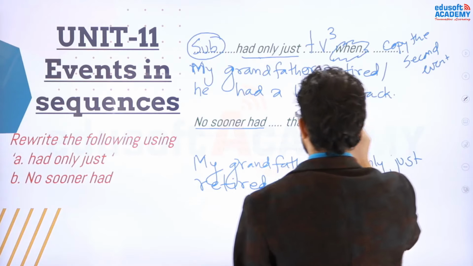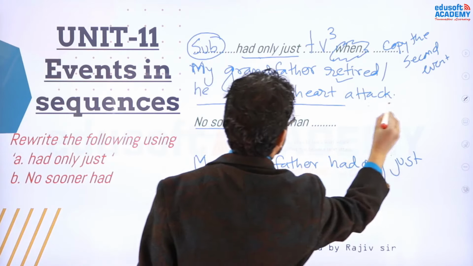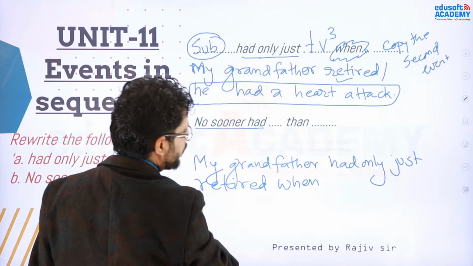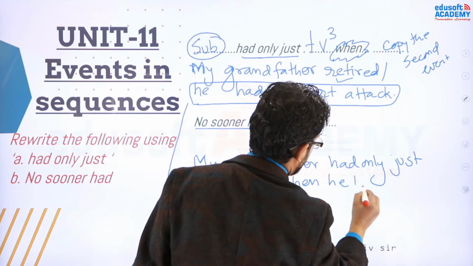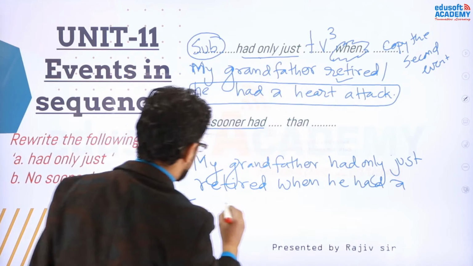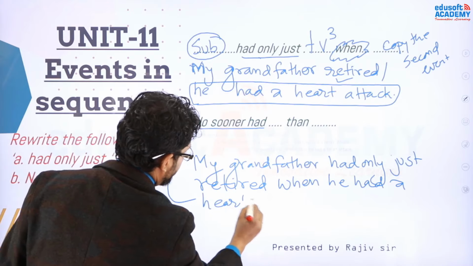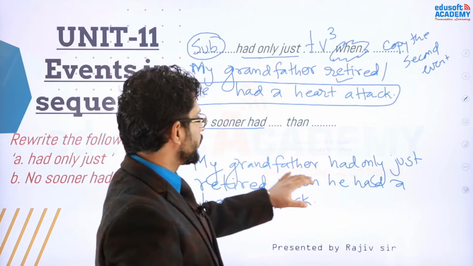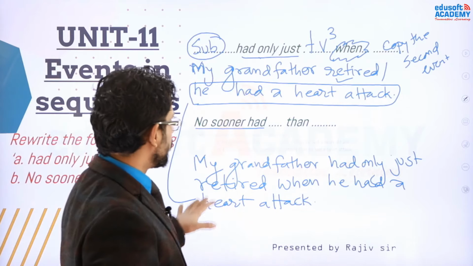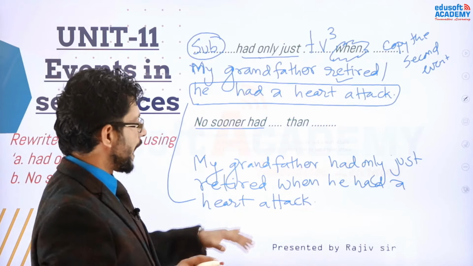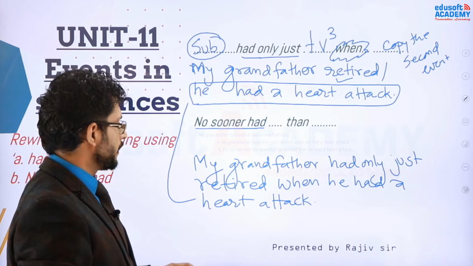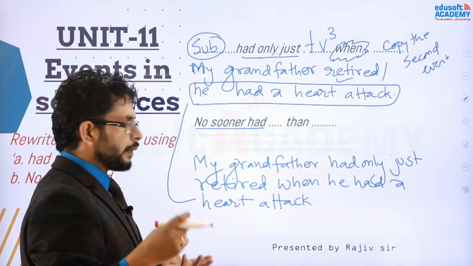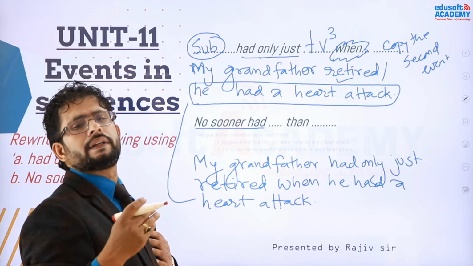What is the second event? The second event is he had a heart attack. When he had a heart attack. Look, my grandfather had only just retired when he had a heart attack.